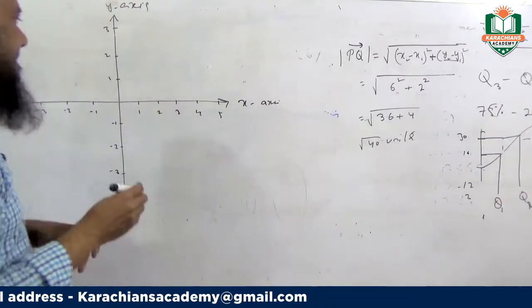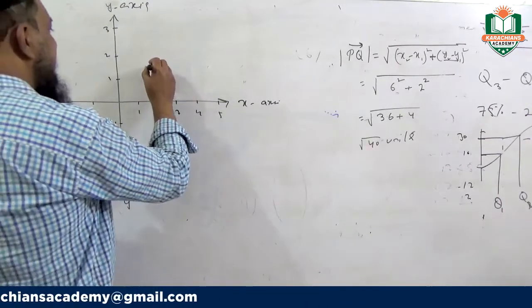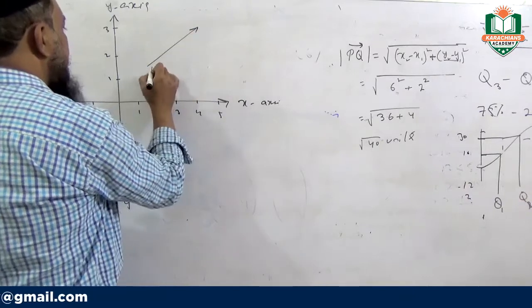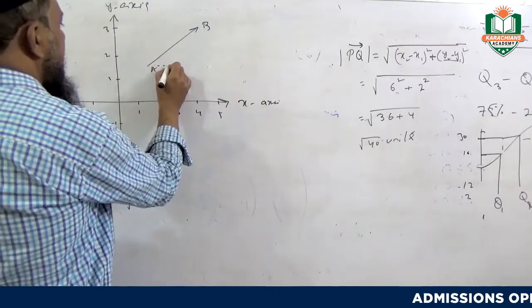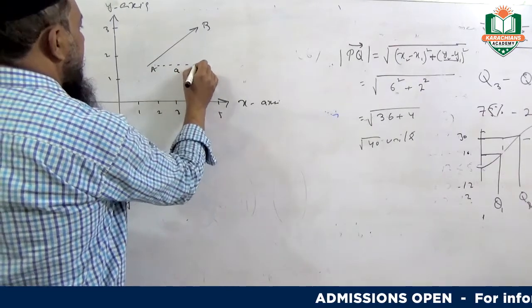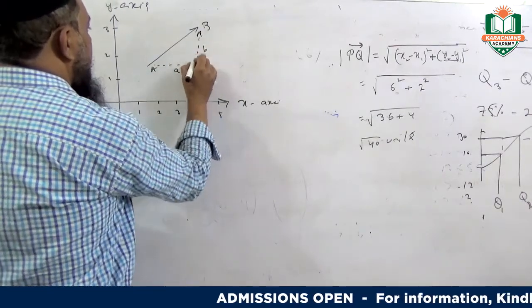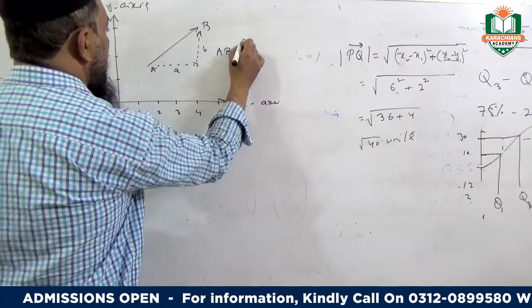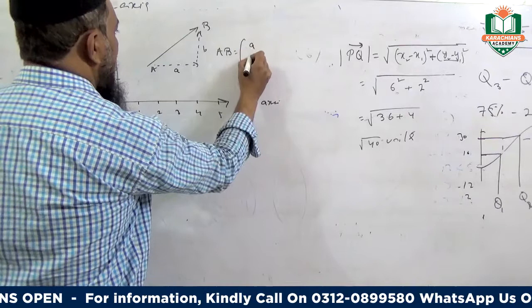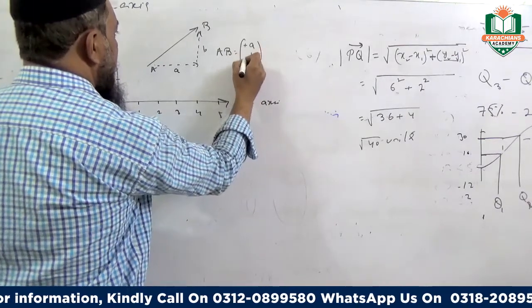So remember, if I consider line AB like this, I will show the column vector of this AB as small a and small b. So AB must be in the form of (a, b) with positive signs, right?